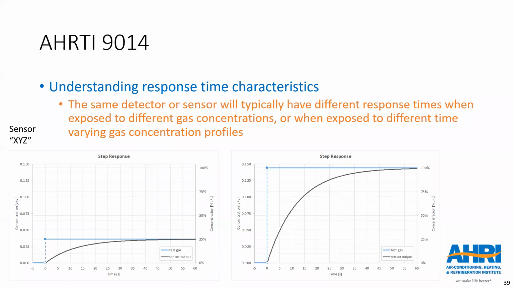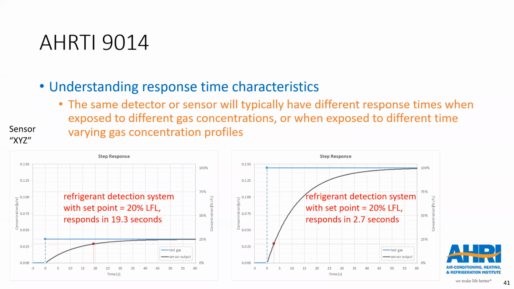So the XYZ sensing element has a T90 rating that is twice as long as the prior ABC sensing element. In this case, 27.6 seconds versus the 13.8. So if using the same set point of 20% of LFL, the response time to a step change is now double that of sensing element ABC.